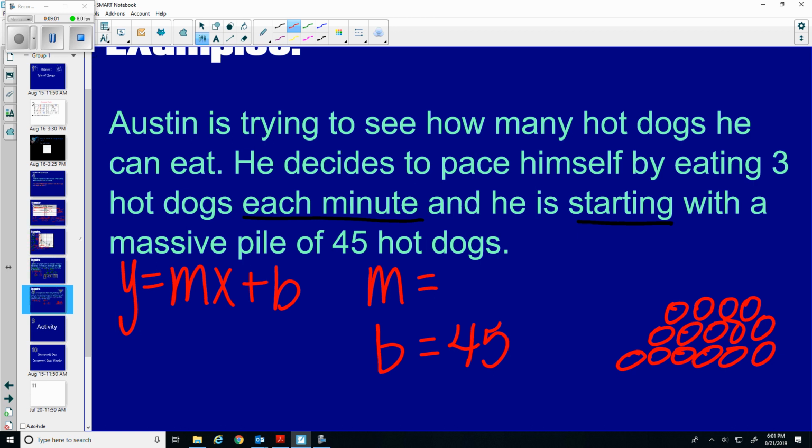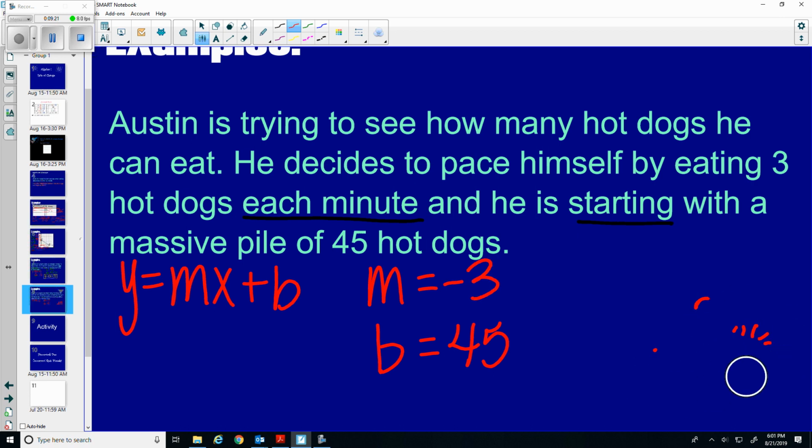And he is eating them, and he eats 3 of them, because he's just killing it. What happened? The hot dogs are taken away, right? He ate them. They're not in his massive pile anymore. So my slope is actually going to be negative. So if we're taking away, if we're eating, anything like that, we always want to have a negative slope.